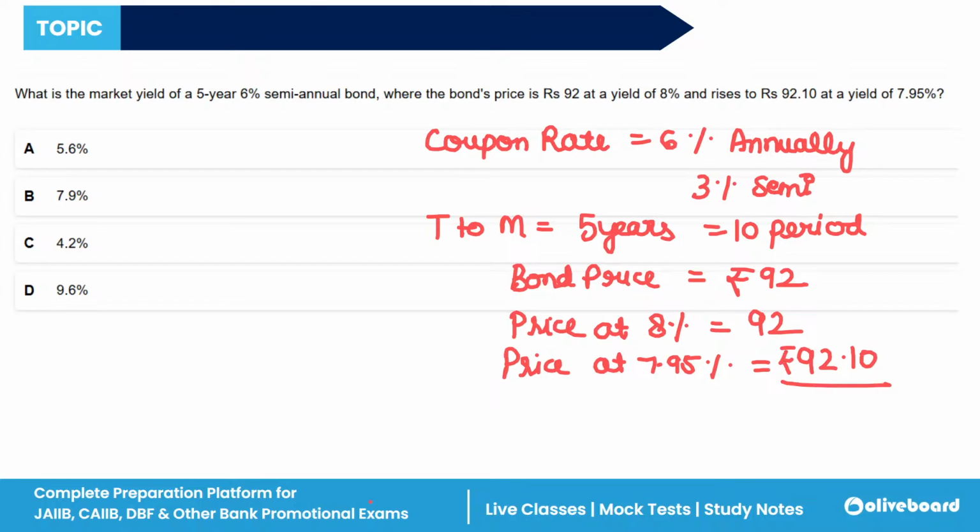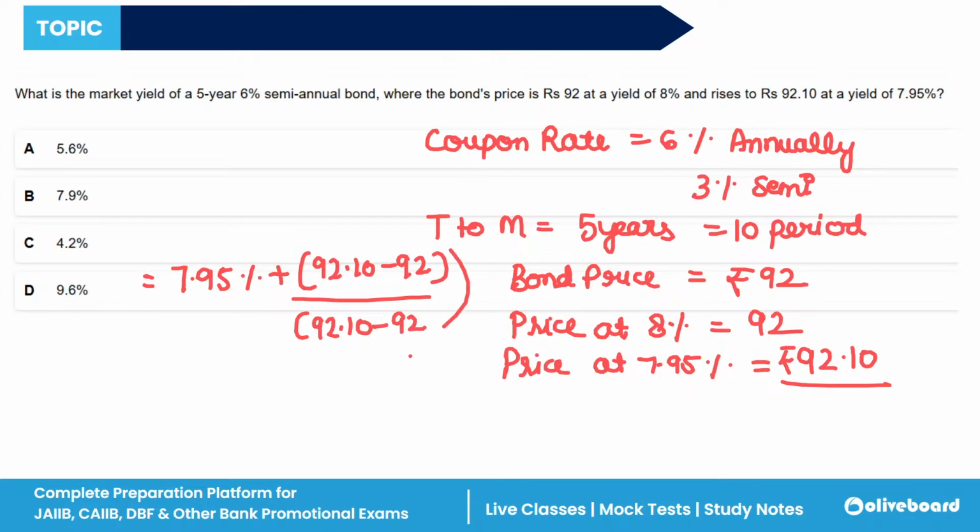So here, how can we calculate this? 7.95% plus (92.10 minus 92) divided by (92.10 minus 92), multiplied by the difference between 8% and 7.95%.